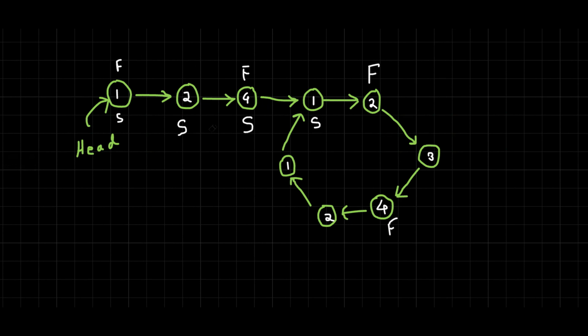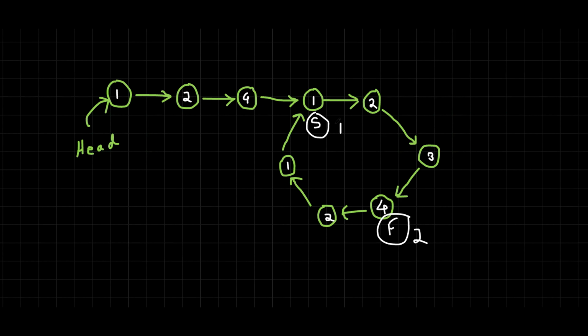So far so good. Here we can see that the slow pointer is pointing to element 1 and the fast pointer is pointing to element 4. The speed of the slow pointer is 1 unit and the speed of the fast pointer is 2 units.